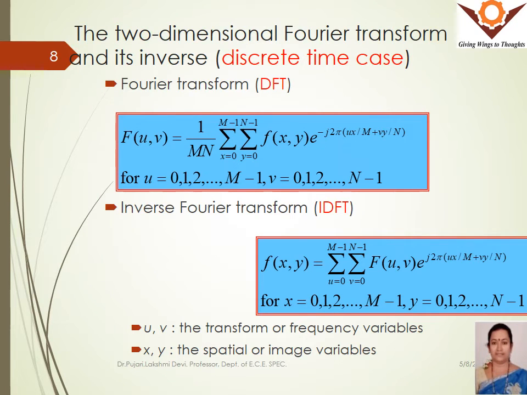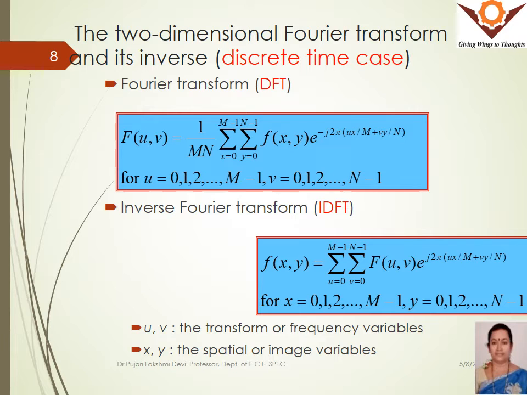Then the two-dimensional Fourier transform and its inverse. For the discrete two-dimensional case, f of uv is equal to 1 by mn sigma, x equals 0 to m minus 1, y equals 0 to n minus 1.